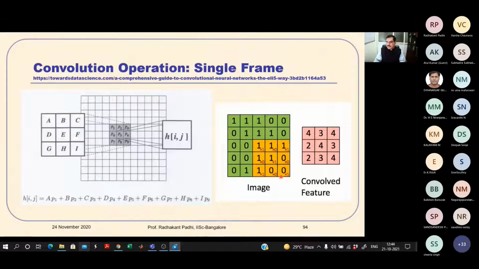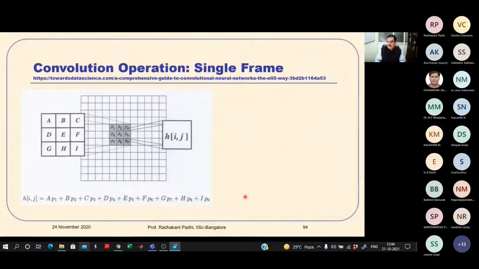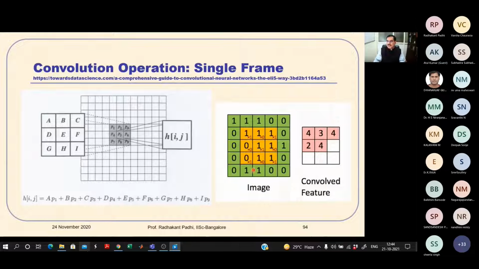So if you talk about a single frame, it's like that. If I take a filter of, let's say, 101 and things like that, I start operating from the very first cell, then the second cell, third cell, fourth cell, like that.